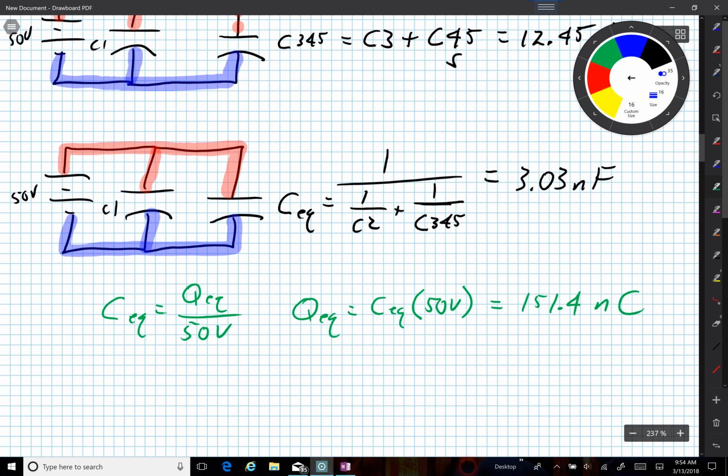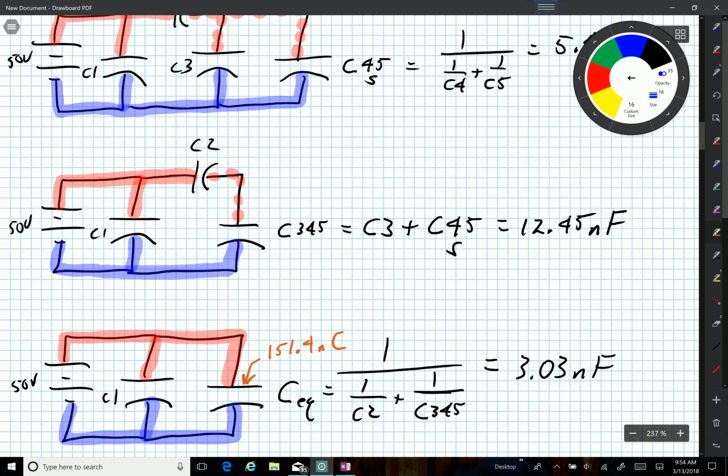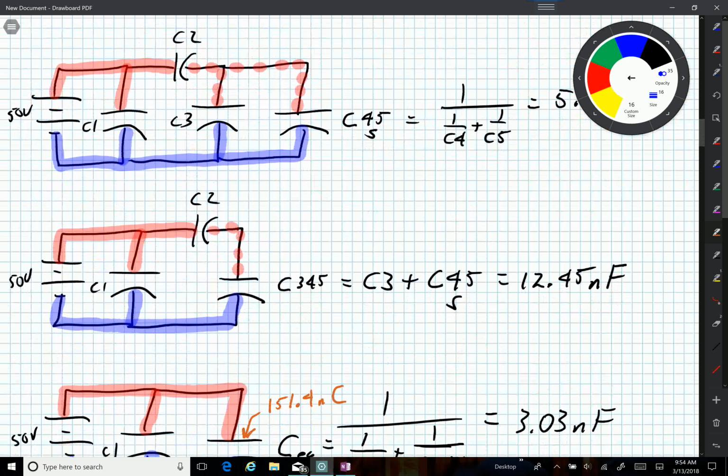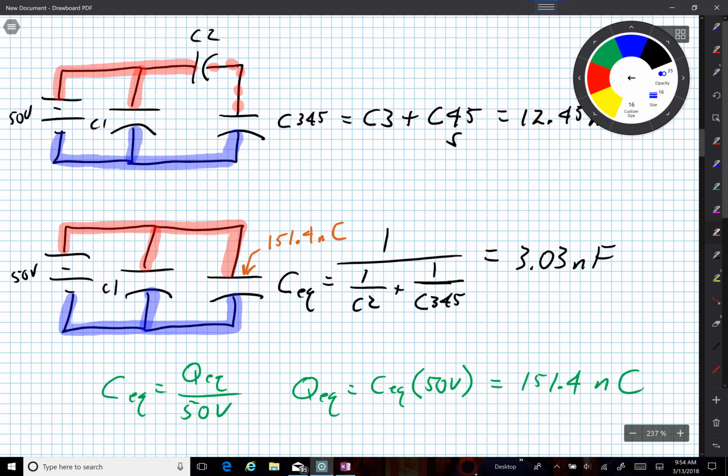nanocoulombs. So on this plate is 151.4 nanocoulombs, and before we had calculated 100 nanocoulombs on C1. So we know this, 100 nanocoulombs, okay?